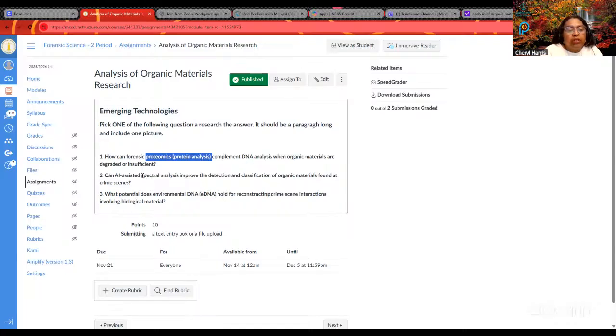Second one, you're looking up spectral analysis and seeing how it can help you classify materials at a crime scene. I'm rephrasing these so that your answers follow in line with that. And the third one: what potential does environmental DNA, eDNA, have for reconstructing a crime scene involving biological materials?